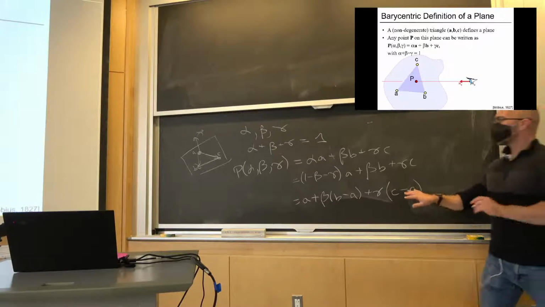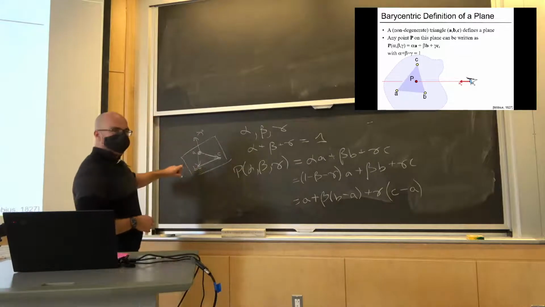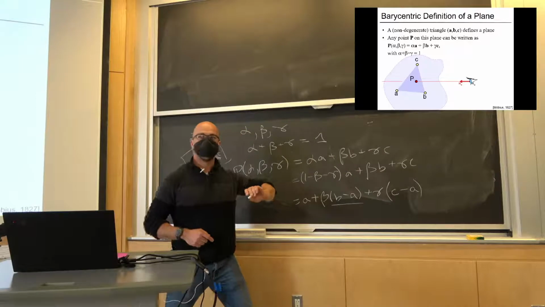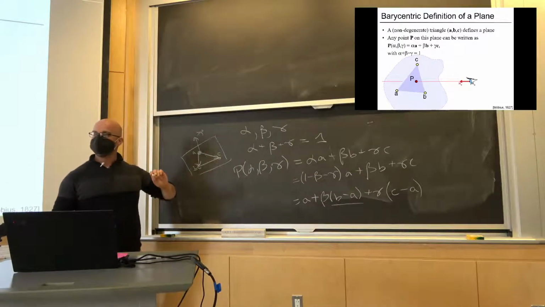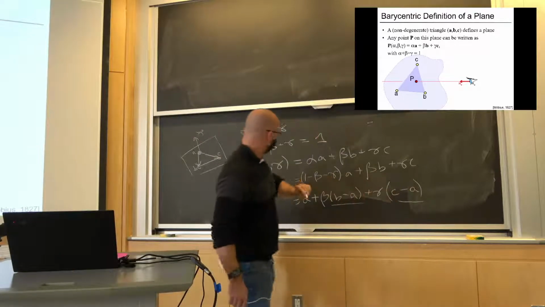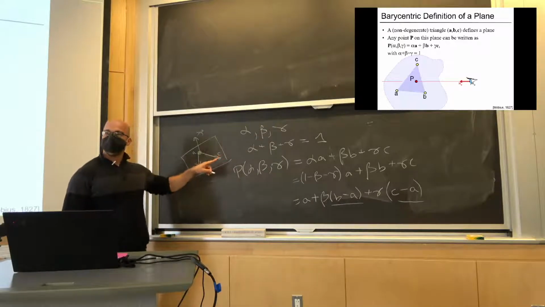Okay, so conveniently, let's take a look at our diagram on the left-hand side. Well, look at this vector B minus A. That is exactly this vector here, right? And similarly, this guy, C minus A, well, that's the vector from A to C, right? So notice what I did.